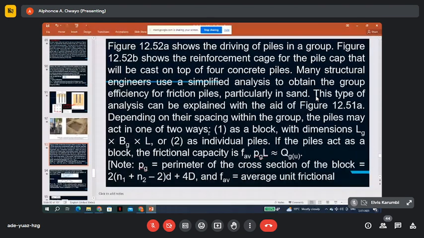Okay, so the same idea, but now here you need to find equivalent dimensions: equivalent length, equivalent width, and equivalent perimeter. Here you can see the same idea, but now we are talking about PG, that means the equivalent perimeter of the group.